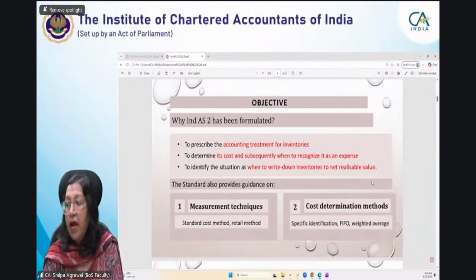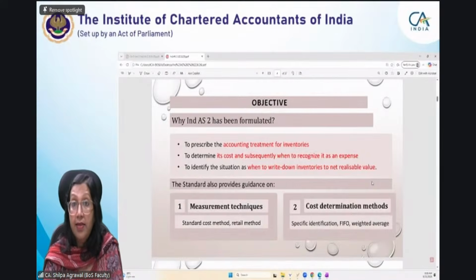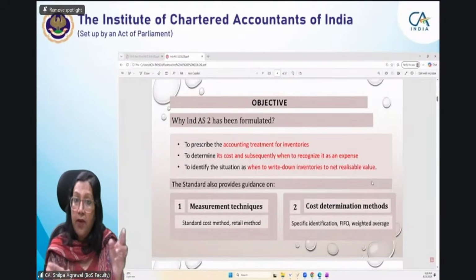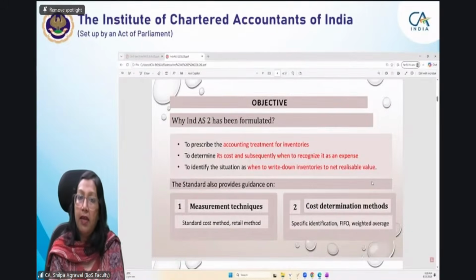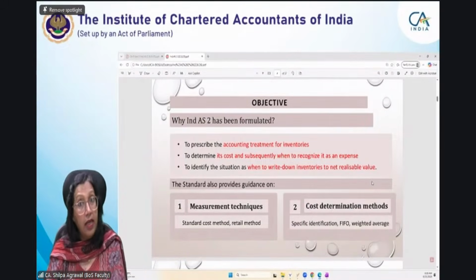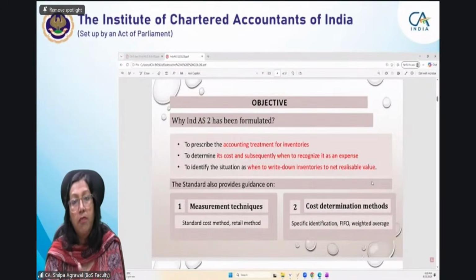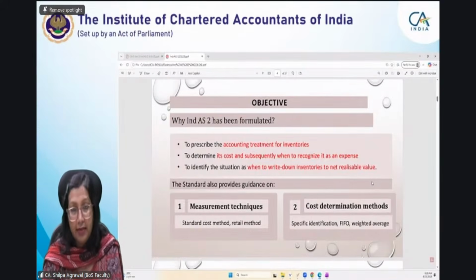However, when value decreases and NRV, your net realizable value, is less, at that time we have to measure our inventories at NRV. So the difference between cost and NRV goes to P&L. It is not in the form of depreciation, but in the form of decline in the value of that current asset, or we can say decline in the value of inventory.